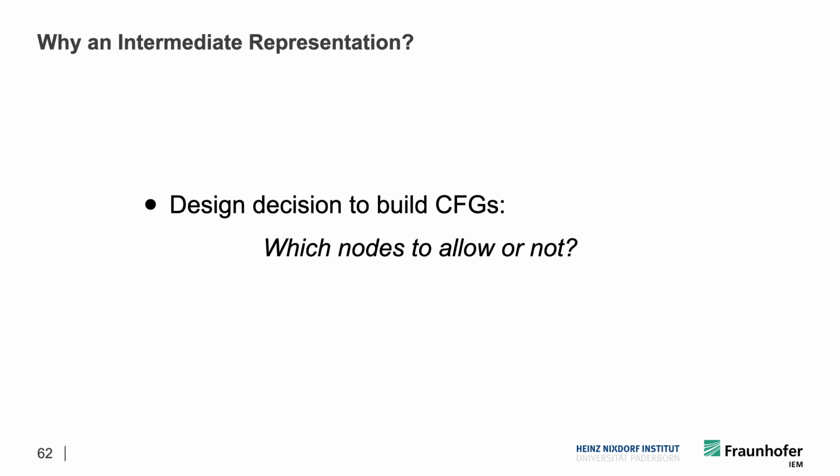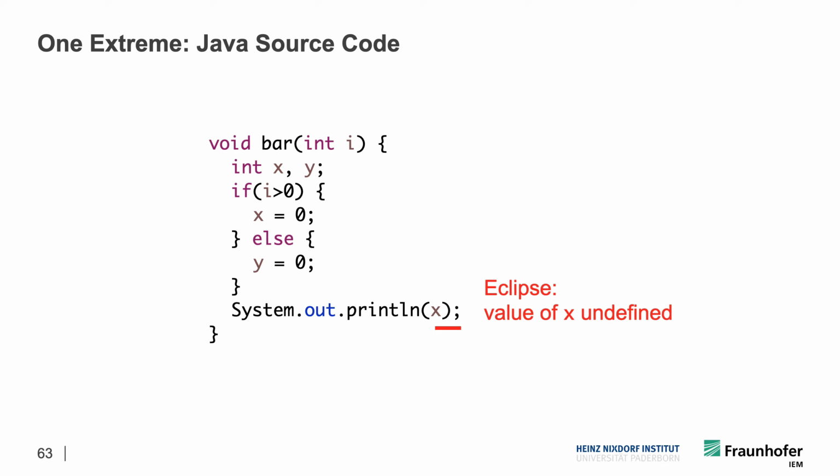An important design decision when you're building control flow graphs is which nodes to allow and which ones not. There are different choices here, and I want to talk a little bit more about this. One extreme could be that you are actually allowing any statement that can occur in Java source code, right? And there are actually static analyses that operate directly on source code. What you see here, for instance, is a mock-up of what you would see in your favorite IDE, such as Eclipse.